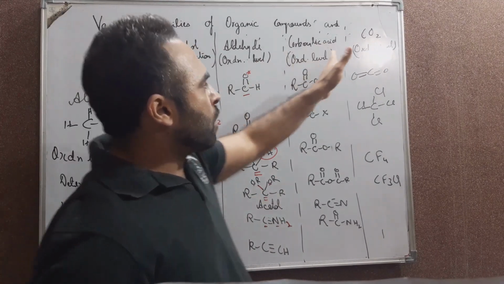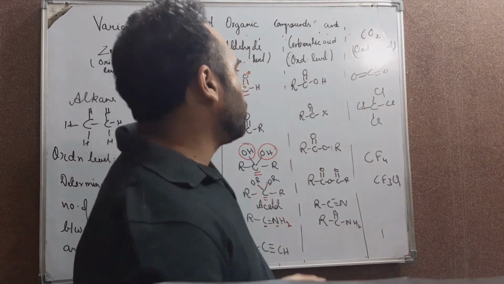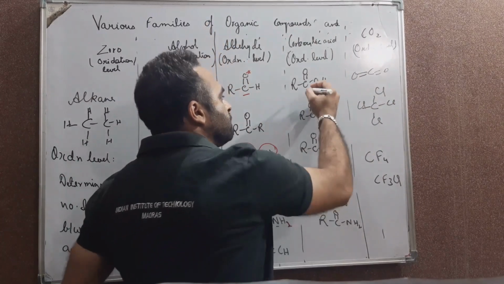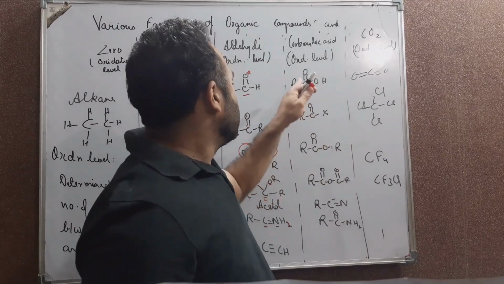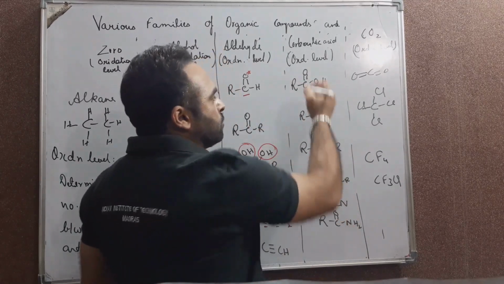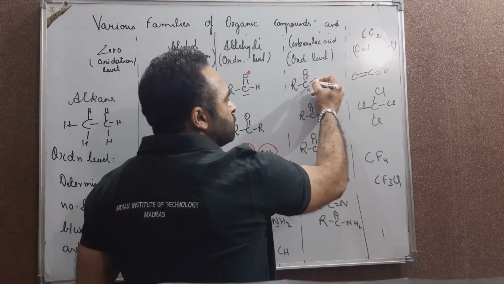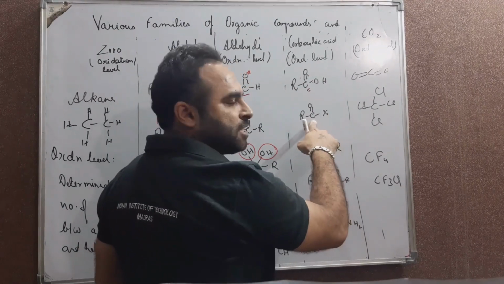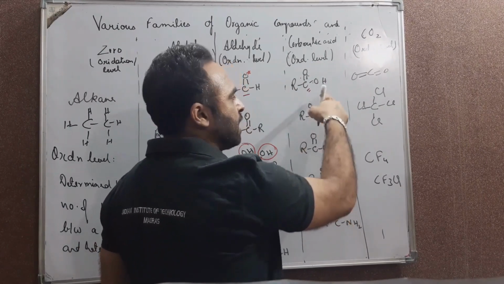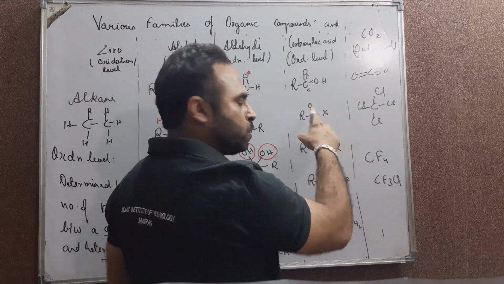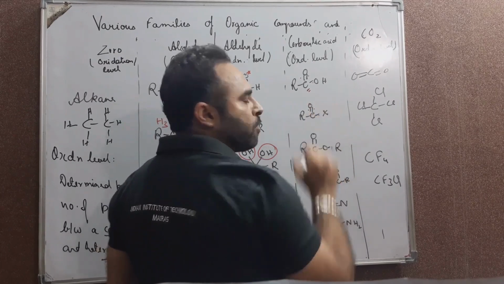Then we move on to carboxylic acid and its derivatives. What you can see over here is that there is a carbon which is having 3 bonds with heteroatoms: 1, 2 and 3. In acid halides, which are acid derivatives, there are also 1, 2 and 3 bonds.